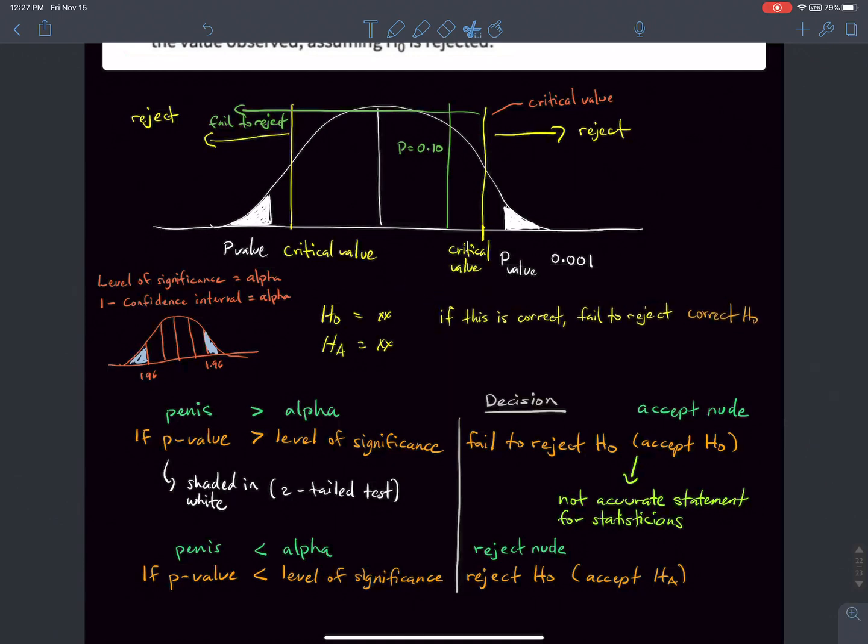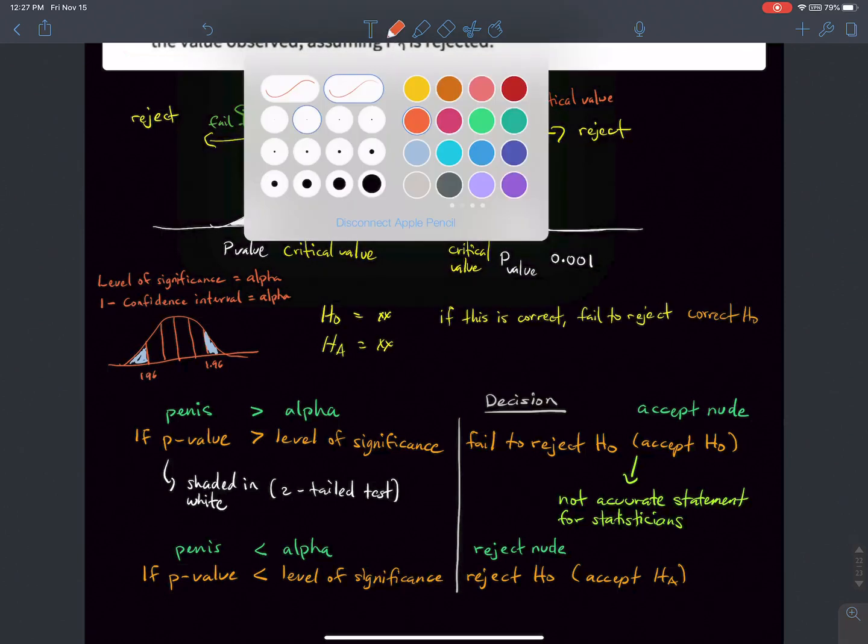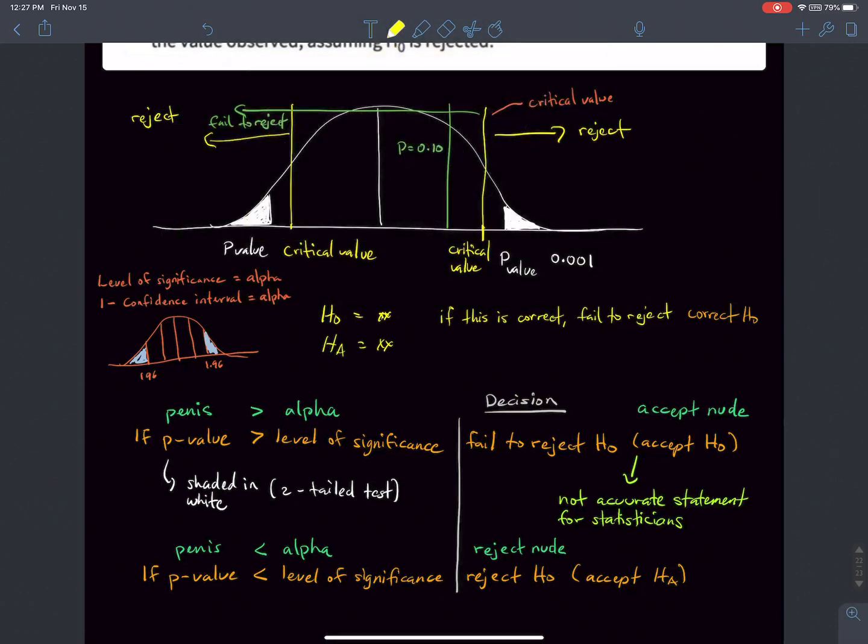This is part of my CFA level 1 review. So let's say the mean, the mu is equal to... the null hypothesis will have an equal sign. It's either greater than or equal to sign or less than or equal to sign.